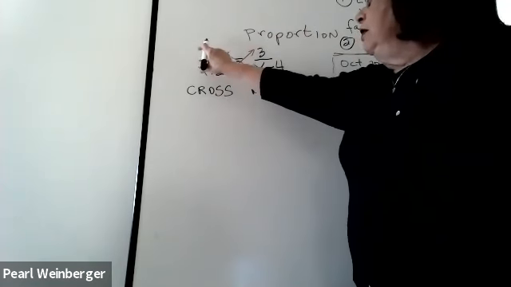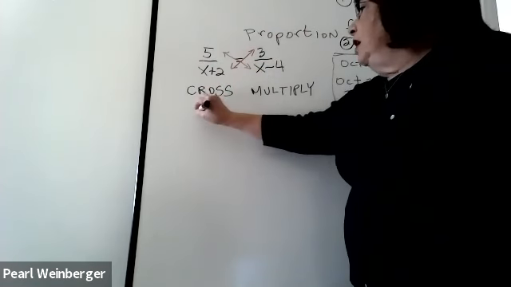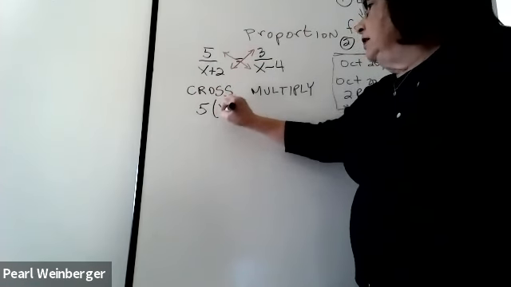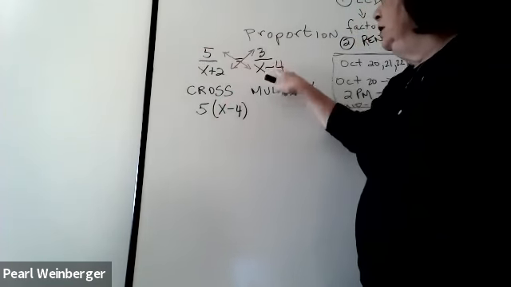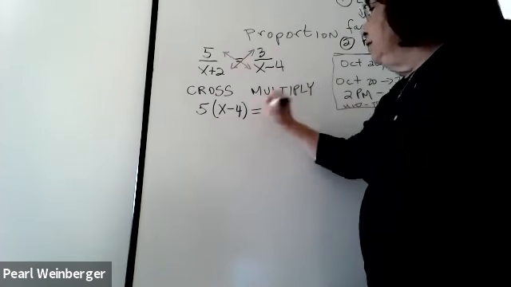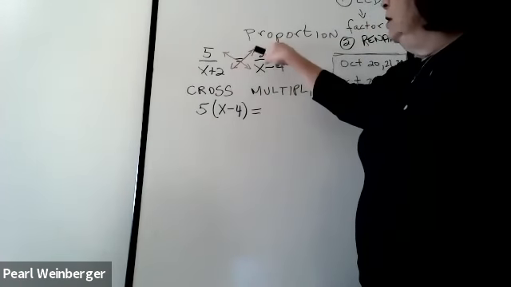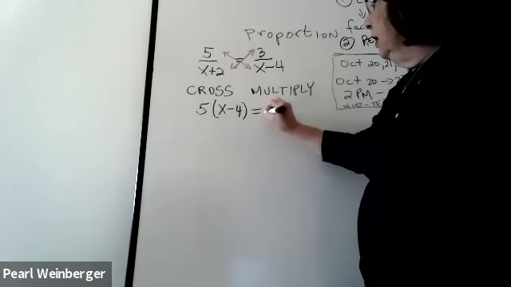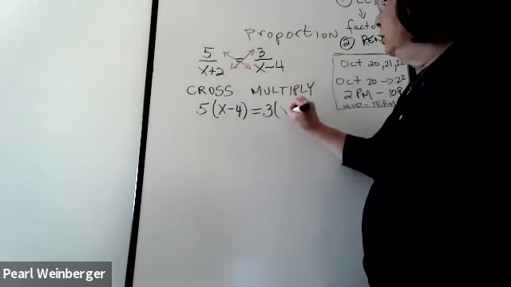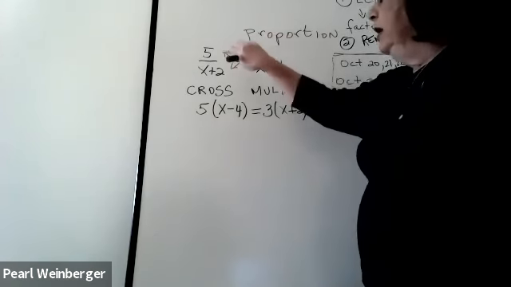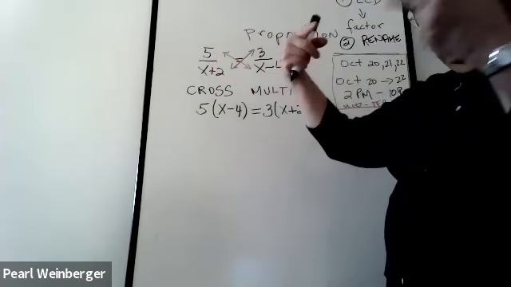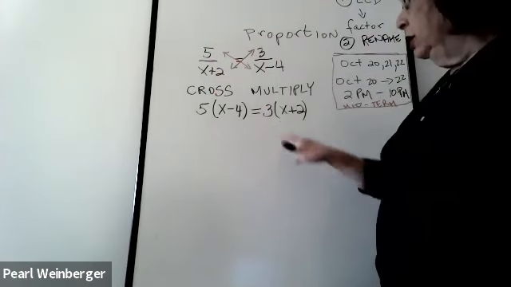So if we do that, we will multiply the 5 times the x minus 4, the numerator times the denominator, and set it equal to the numerator of the 3 times the x plus 2. Again, numerator times denominator, numerator times denominator, but they're of the opposite fractions.